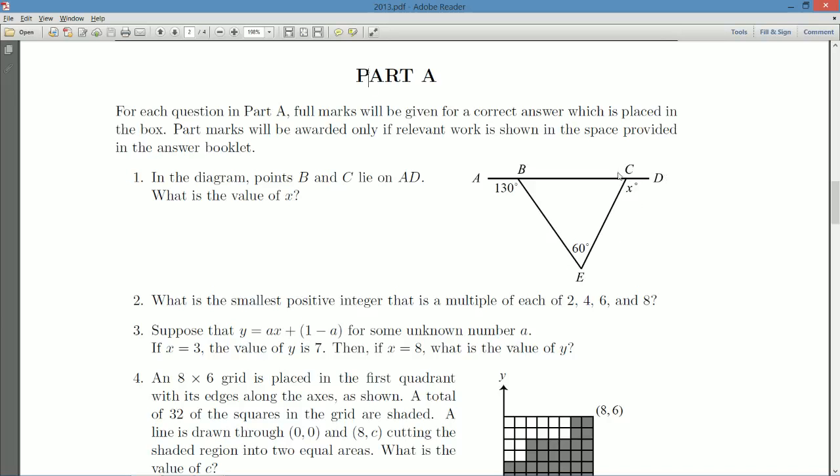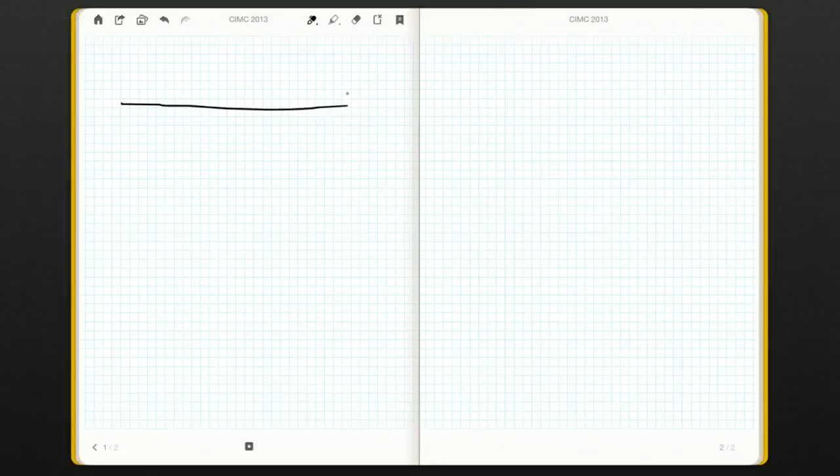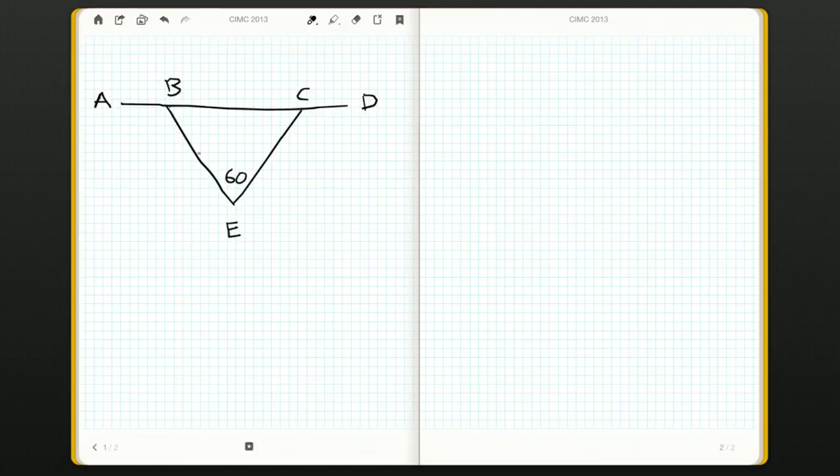So it looks to me like it's just filling in the angles of this diagram. So we'll draw a little copy of the diagram for ourselves. D over there. Here was A, and let's say we have E up here. So we got C. We have B, and we have E, and we know this is 60 degrees, and we know this is 130 degrees.